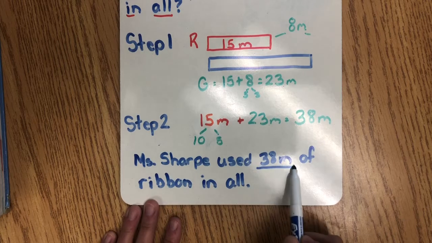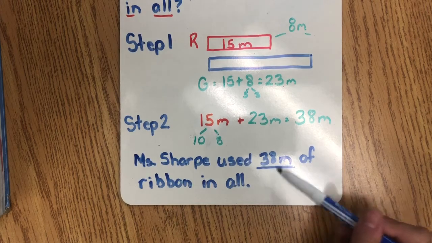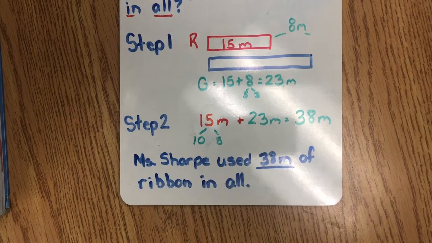It's really important that you write a statement and put your answer in a blank, because then we can see if it makes sense. How many meters did she use in all? Oh yeah, 38 meters of ribbon in all.